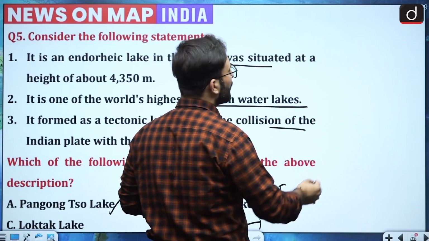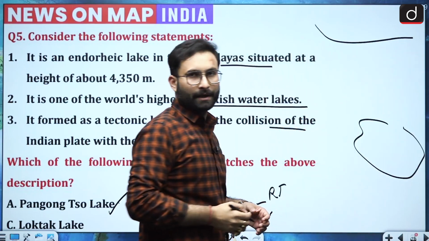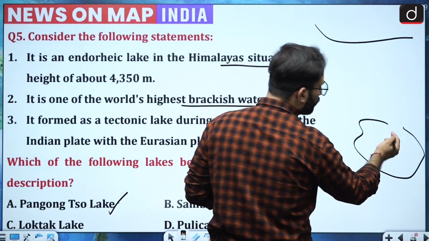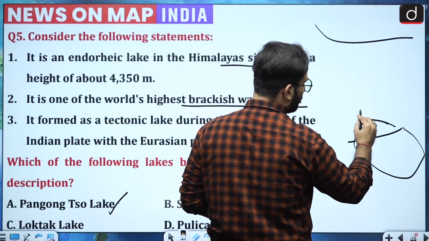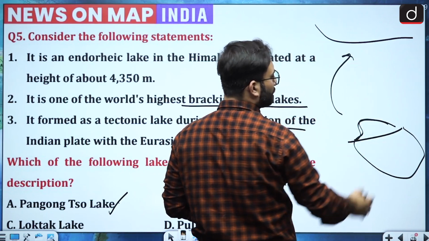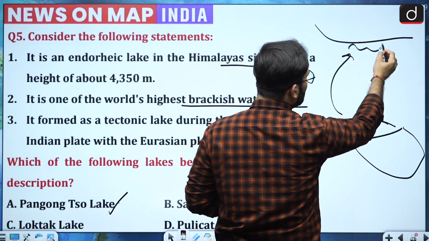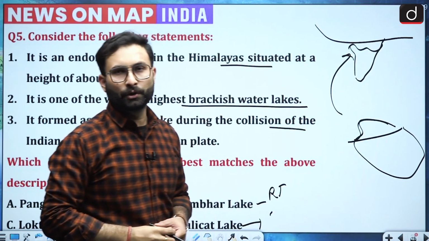So what has happened is that there was the Eurasian plate, then there was the Austro-Indian plate. Okay, a part of the Austro-Indian plate got separated. So here you can say this particular part came out, and then it started to move in this direction. Ultimately, it struck the Eurasian plate.